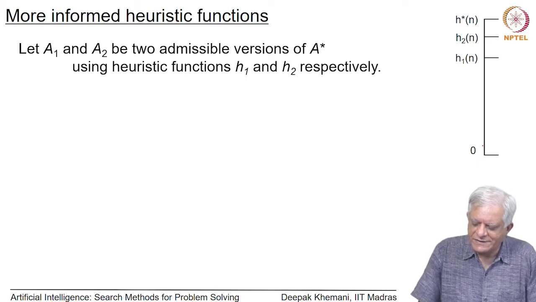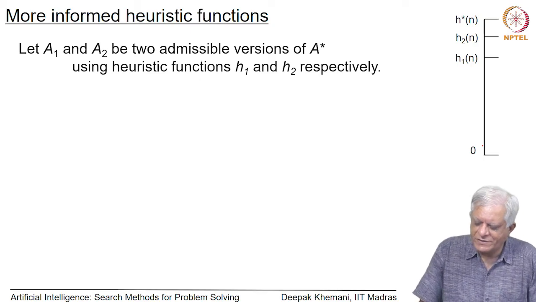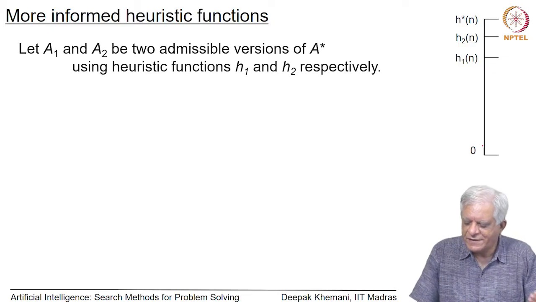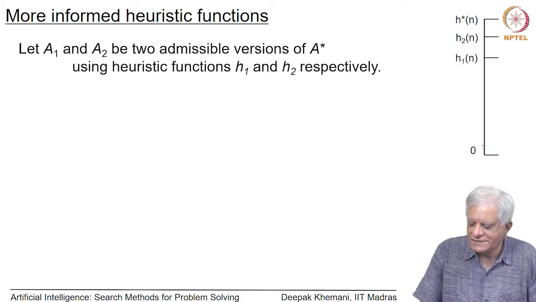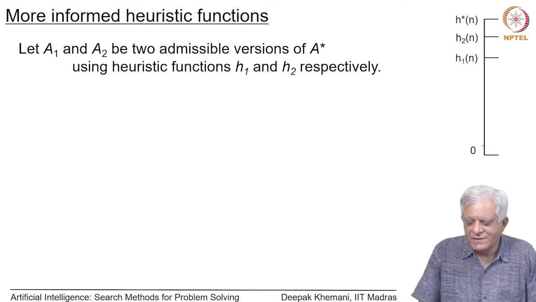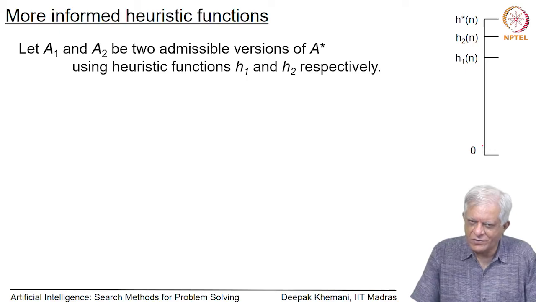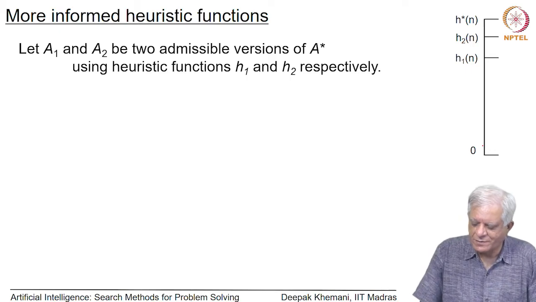It would have no sense of direction. If it has a heuristic function, we want to see how this sense of direction gets influenced. So, clearly f of n is g of n plus h of n, and we have shown in lemma 5 that given a heuristic function, any node that A star picks must have its estimated cost from start to goal passing through that node to be less than the optimal cost.